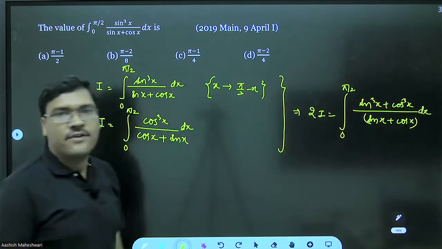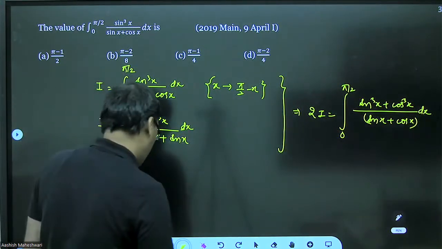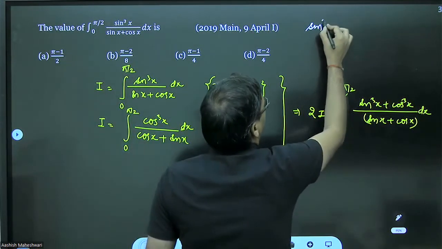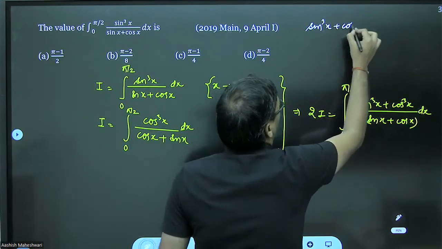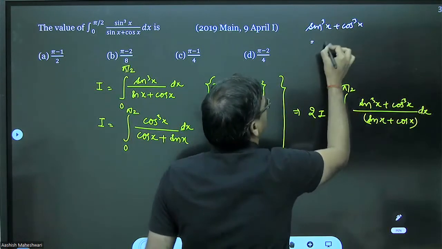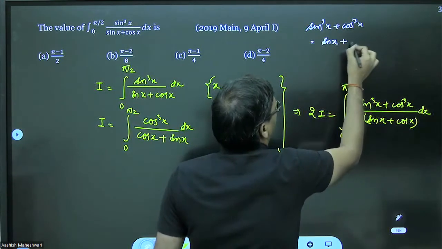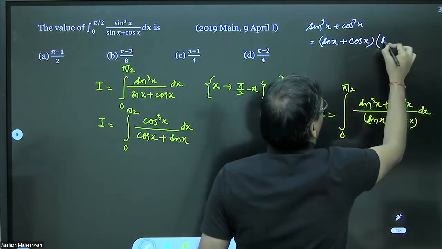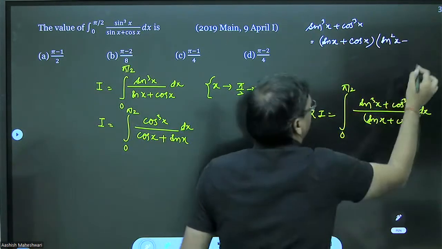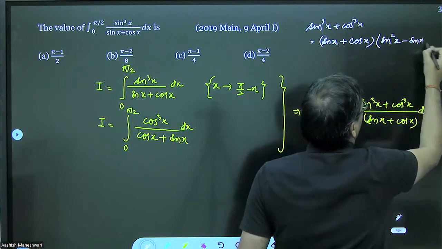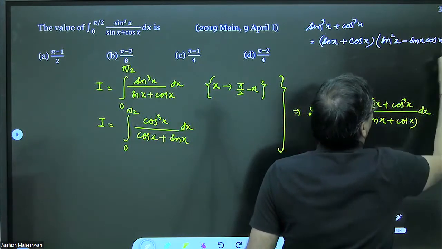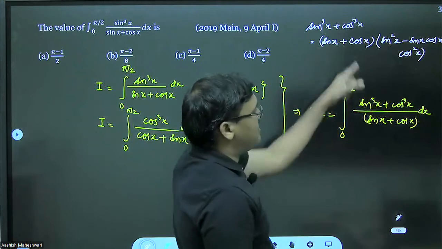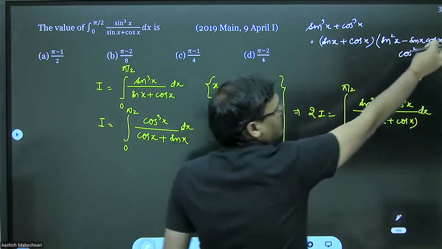This is the integral we have. Now, what is sin cube x plus cos cube x? I can say this is a cube plus b cube, which is (a plus b) into (a square minus ab plus b square). So this is (sin x plus cos x) into (1 minus sin x cos x).